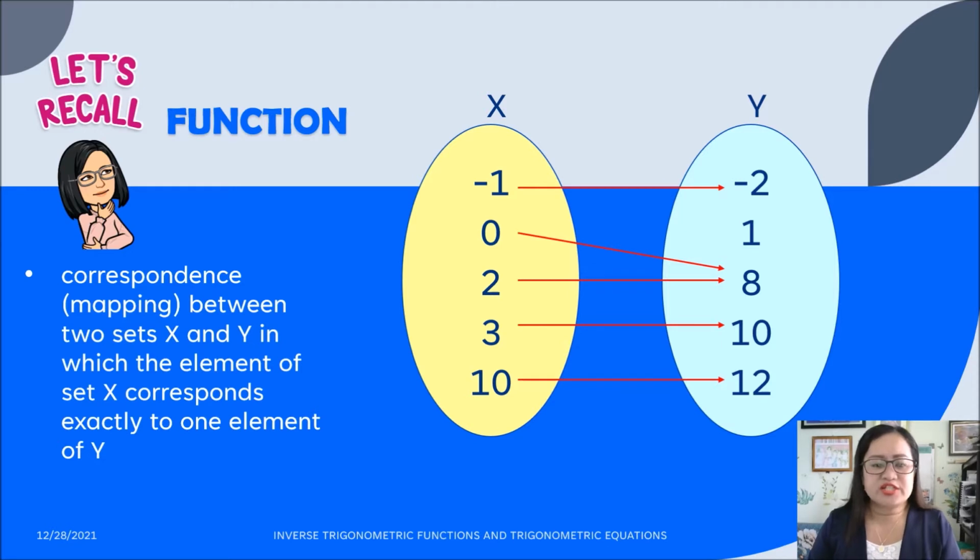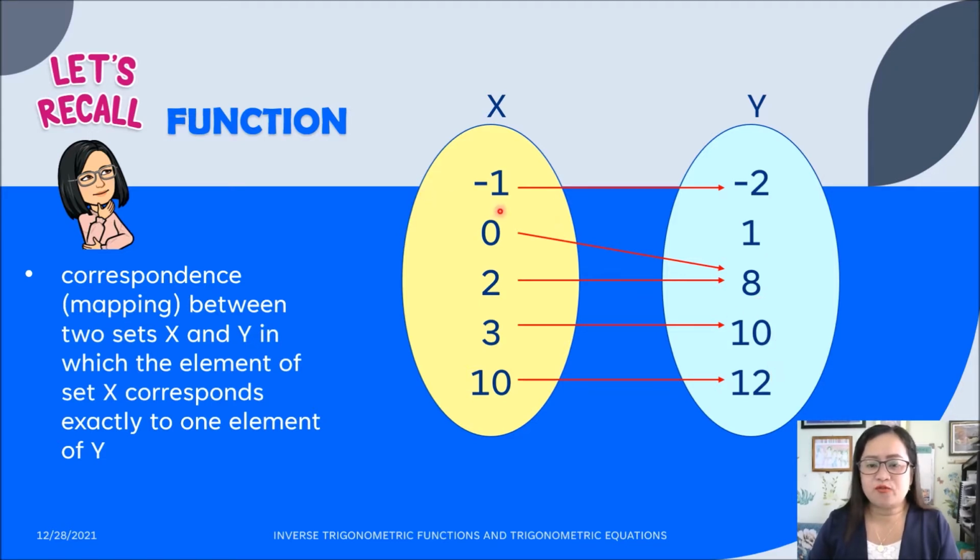A function is a correspondence or a mapping between two sets X and Y in which the element of set X corresponds to exactly one element of Y. In the given illustration, we have set X having elements negative 1, 0, 2, 3, 10. And we have set Y having elements negative 2, 1, 8, 10, and 12.